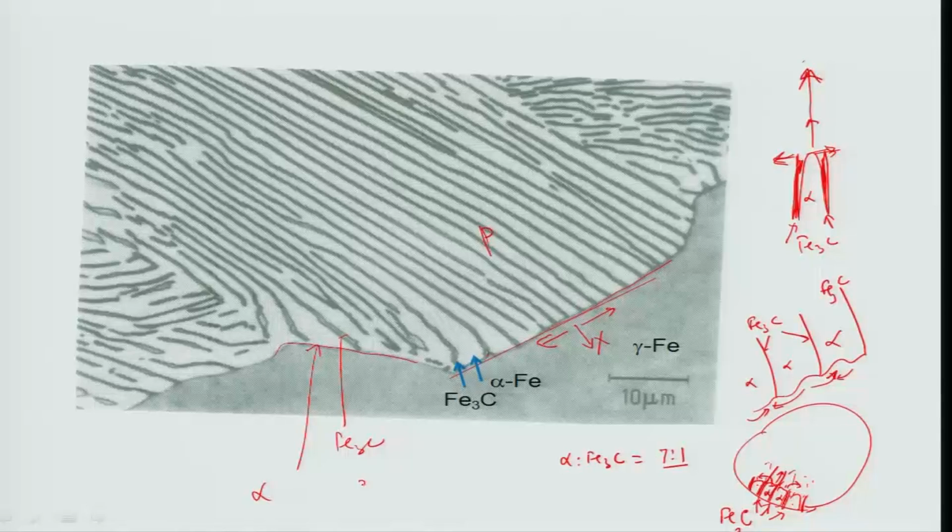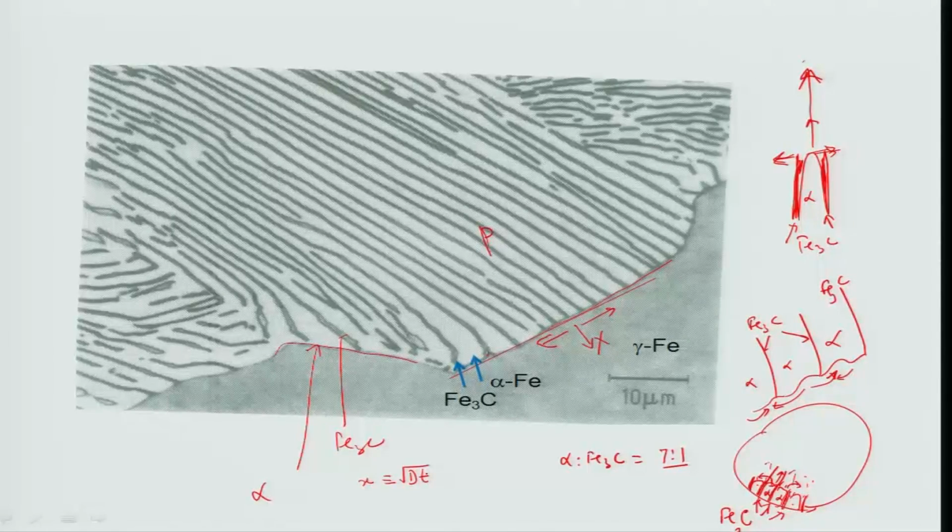Okay. But this transformation requires movement of carbon atoms, transport of carbon atoms across the interface. That means this transformation requires diffusion of carbon, and diffusion of carbon atoms is strongly dependent on temperature. Anything diffusion strongly depends on temperature. Why? Because for diffusion of carbon atoms, let us suppose the diffusion distance can be written as x equal to root Dt.